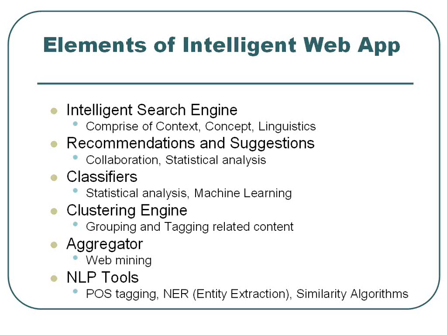Then an aggregator is also an important component of your intelligent web application to do web mining. Suppose you have a stock application, and you want to display all the latest company news, all the articles related to that company, and the profiles of the top people related to that company.